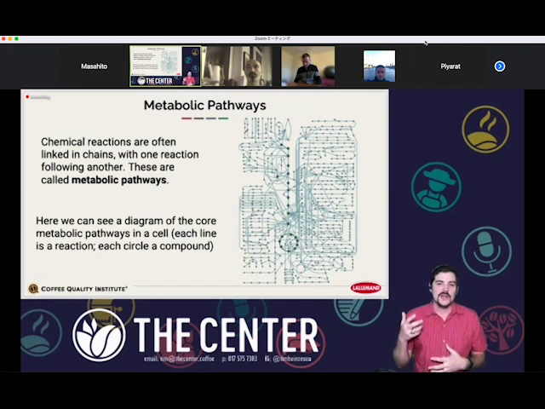In this picture, the lines indicate metabolic pathways, and the circles are different compounds that are produced. You can see the circle down in the middle section here. I'm realizing my mouse isn't coming up now and I'm pointing to something.